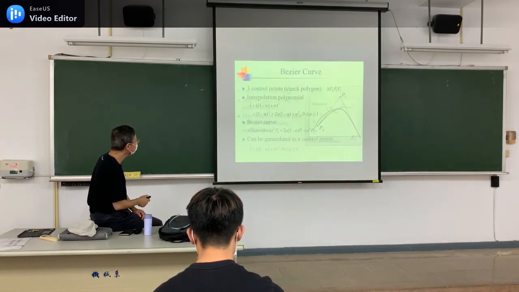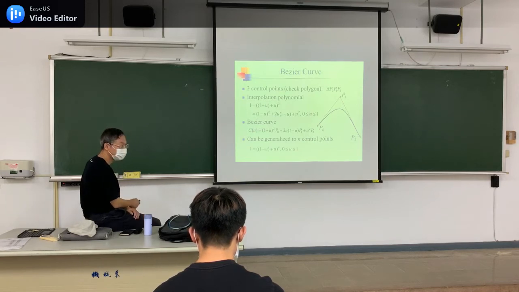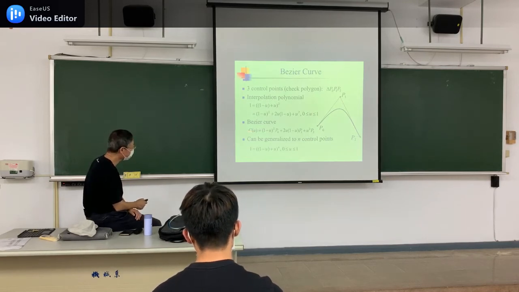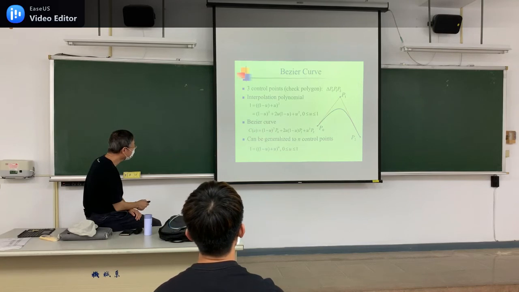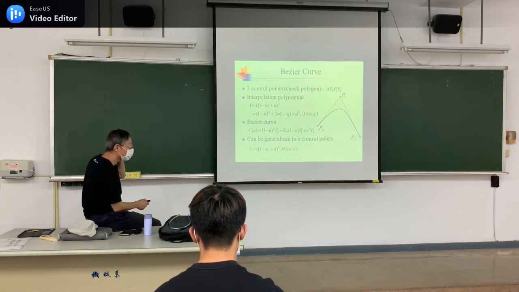As you can see, the Bezier curve is a simple weighting along the so-called control points. So the simple weighting is like this.